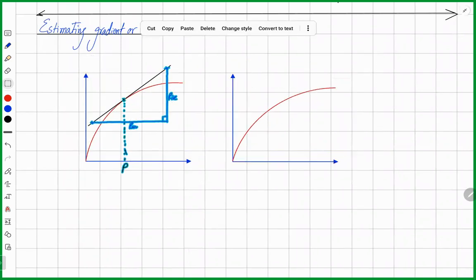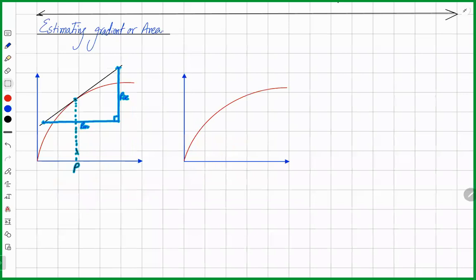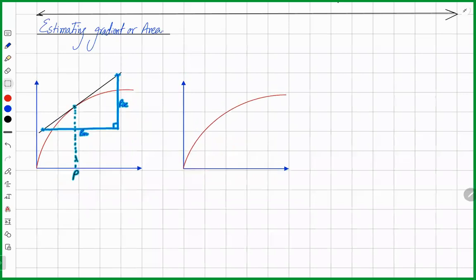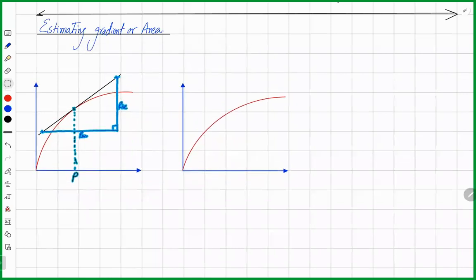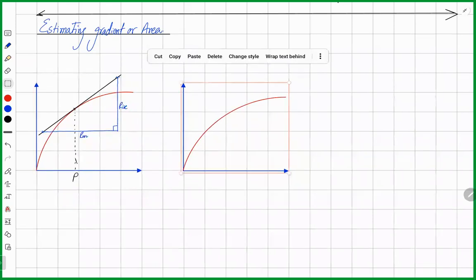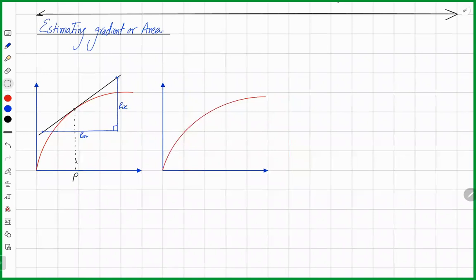No. Tangent is only for the gradient. Okay, there are multiple ways that we can solve this question.